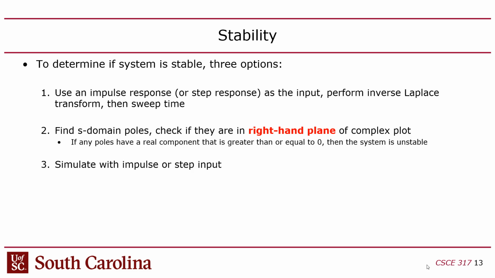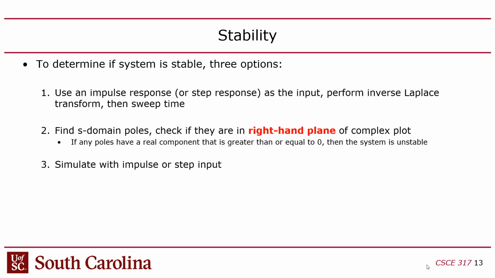And at any other time aside from time 0, there is a 0 input. That's called an impulse, right? And again, just like a step function, an impulse contains every possible frequency. So if you hit a transfer function with an impulse and it's stable, it doesn't blow up, then you know that that transfer function is stable.